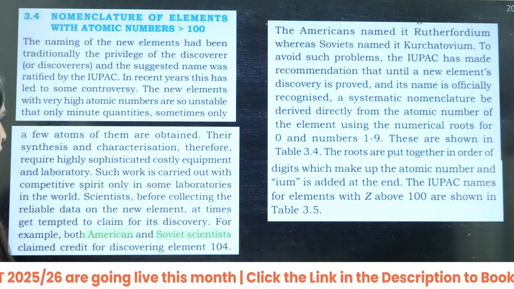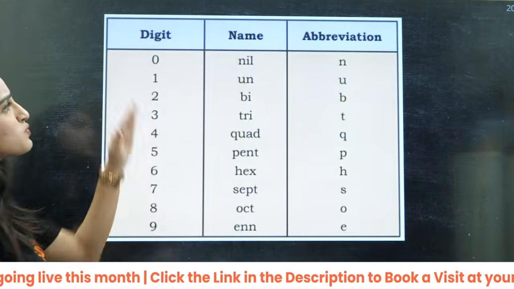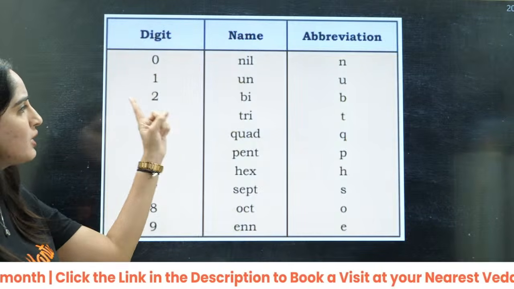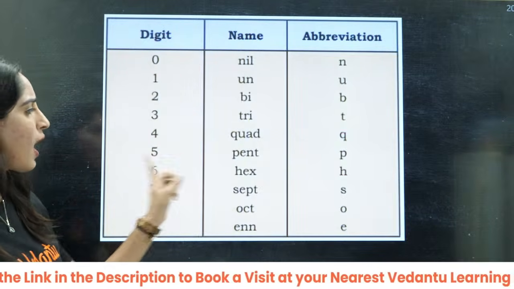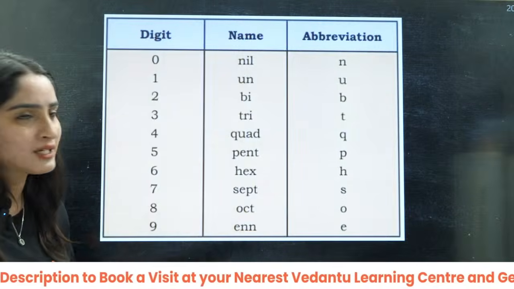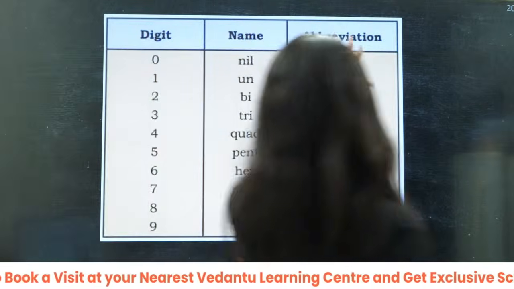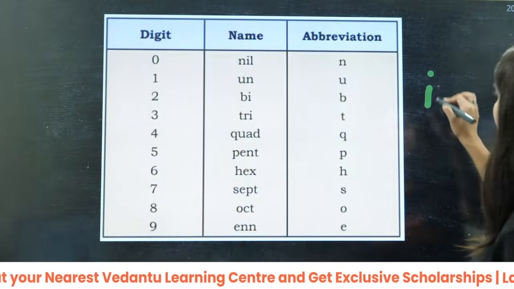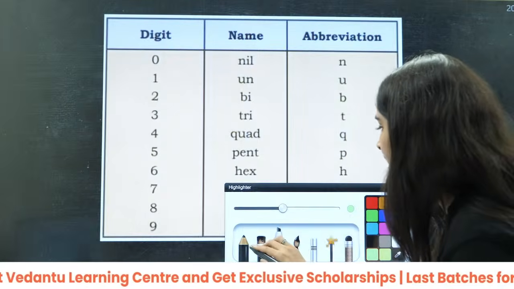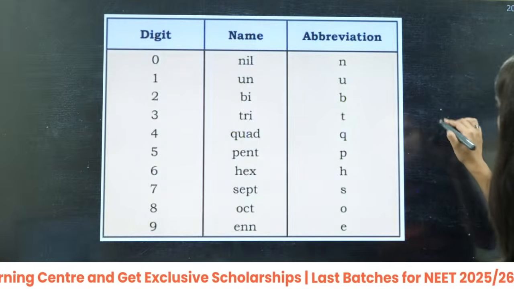And the nomenclature was very simple. For 0 you have nil, 1 un, 2 bi, 3 tri, quad, pent, hex, sept, oct, enn. And these were the symbols. And at the end you will have IUM.